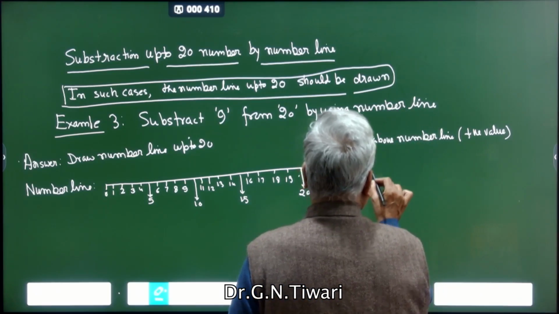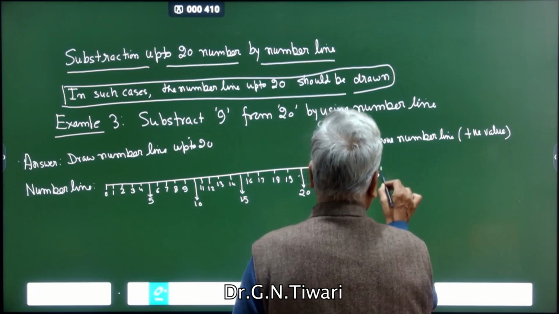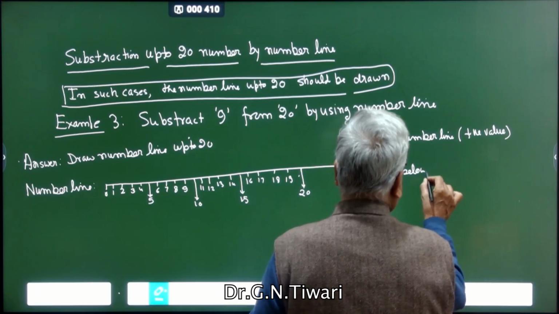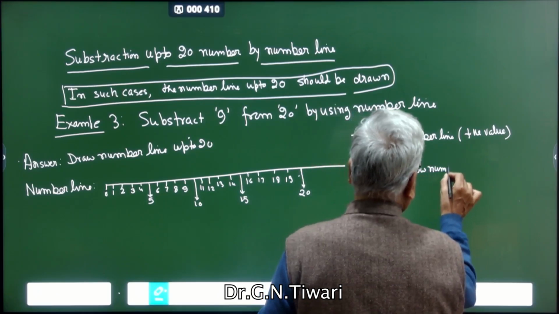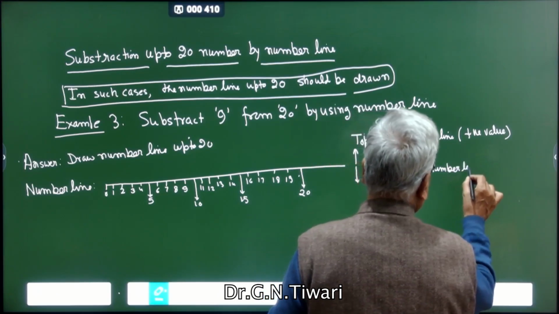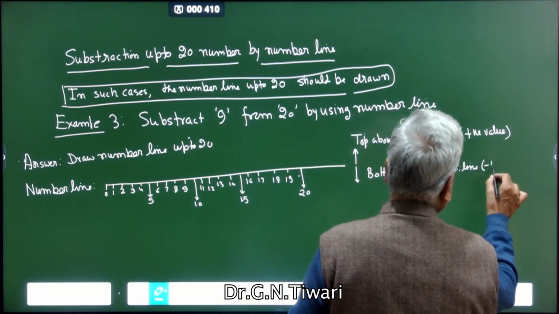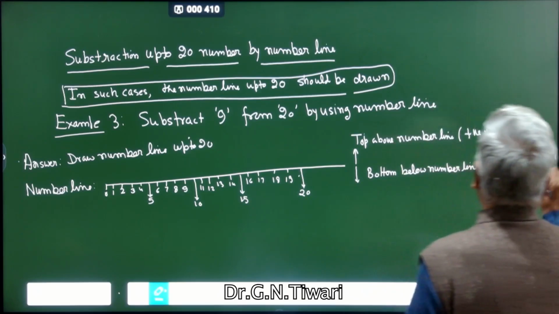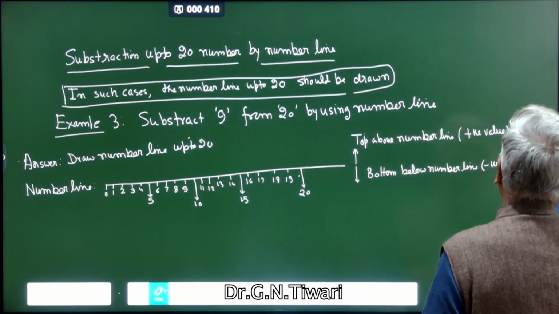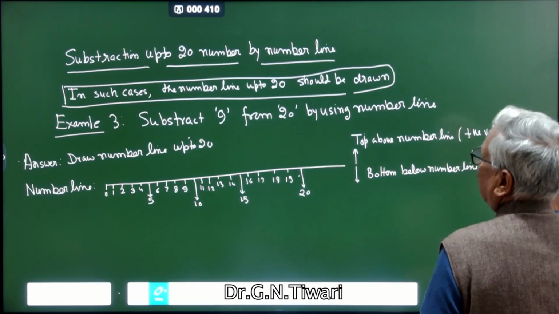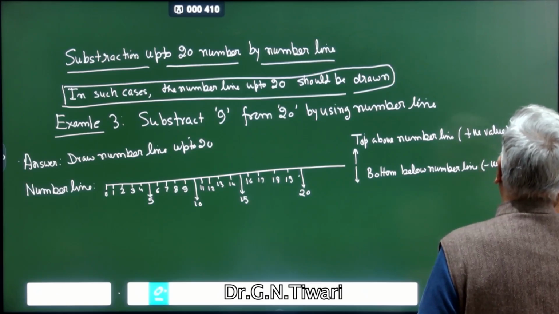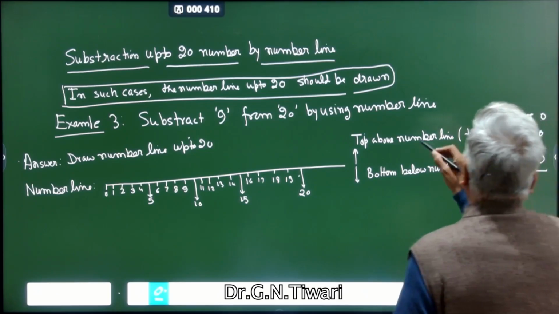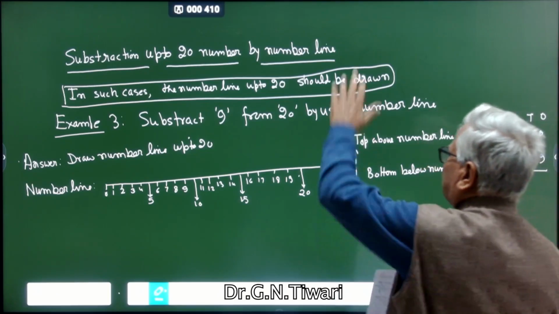Here it is the bottom, below the number line. Here, negative value. Why? Because you have to subtract: 20 minus 9. So this becomes top, this becomes bottom, this becomes positive, this becomes negative.